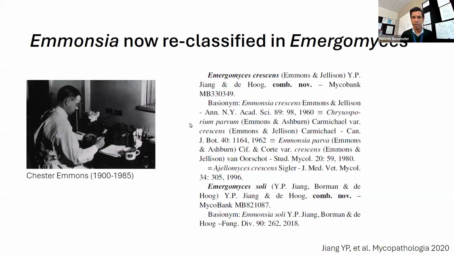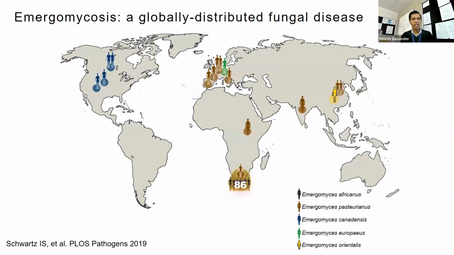So 2 remaining species were moved to Emergomyces, and Emergomyces now has 7 species in total. Unfortunately, that Emmonsia genus, named after Chester Emmons, a really eminent US mycologist, is now no longer taxonomically valid.